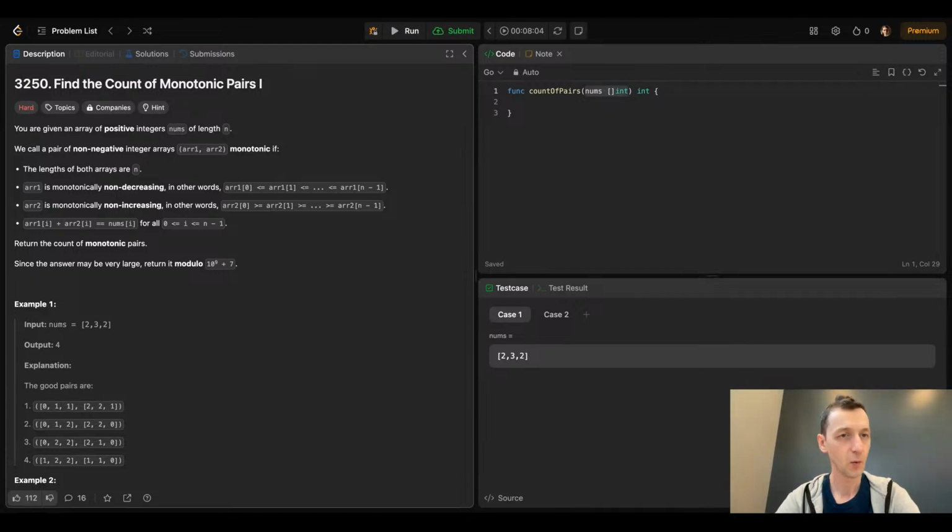So in this, we have find the count of monotonic pairs. Okay, so level 1, monotonic pairs. You're given an array of positive integers nums. I understand that.